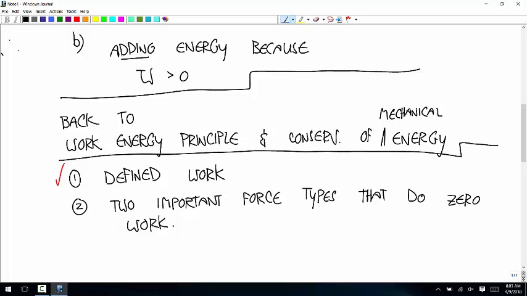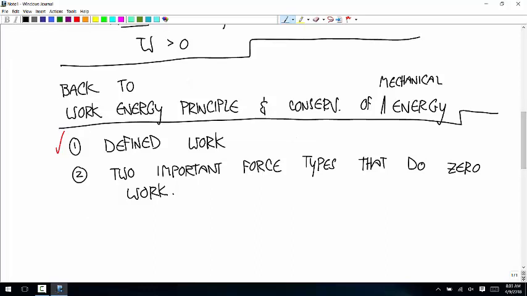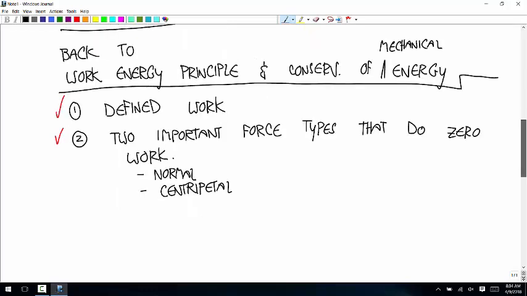That's great. So what two forces were those? Yep. Very good. Centripetal. And we did that. So now we have to talk about the work energy principle.